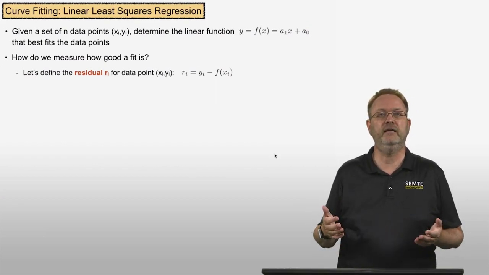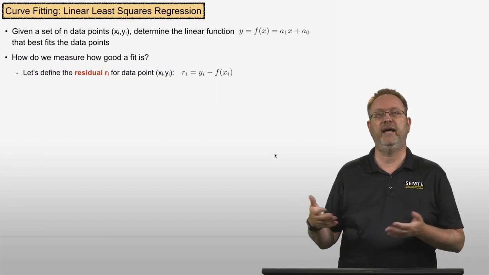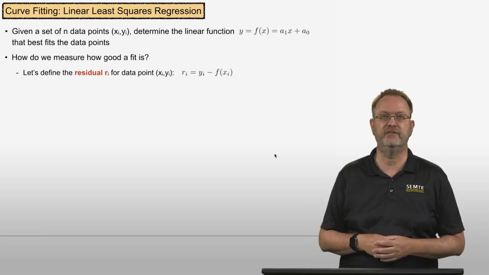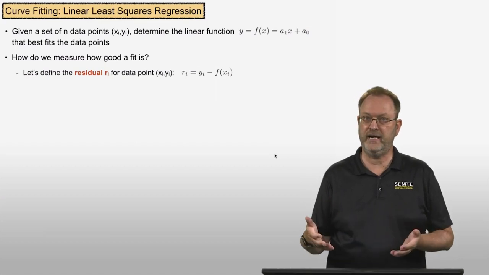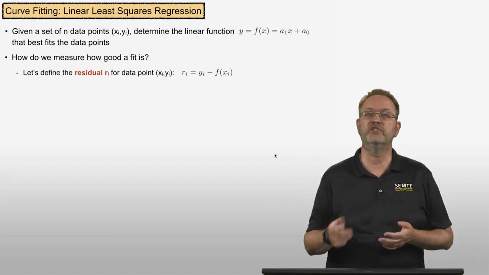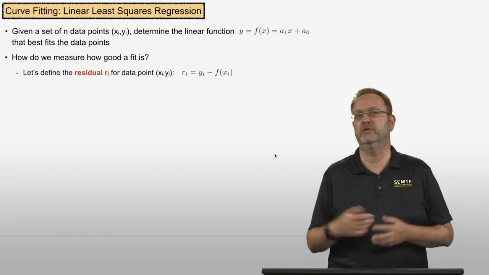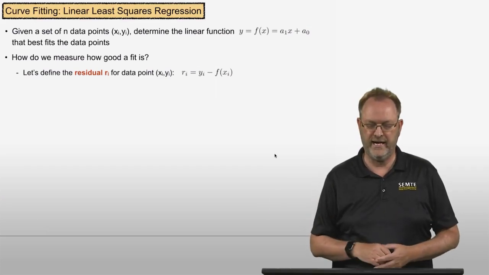So let's define the residual of the data point i, xi, yi. The residual of the data point xi, yi is just the difference between the data point yi minus my linear function into which I plug in the data point xi. So it's the difference between the predicted value from my linear function and the actual value yi.